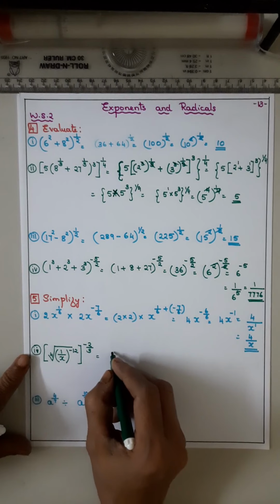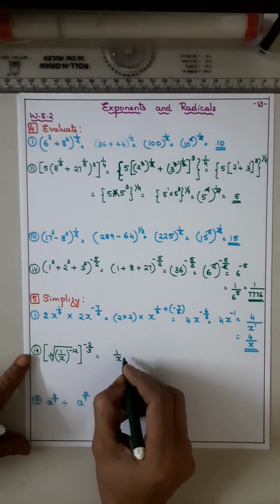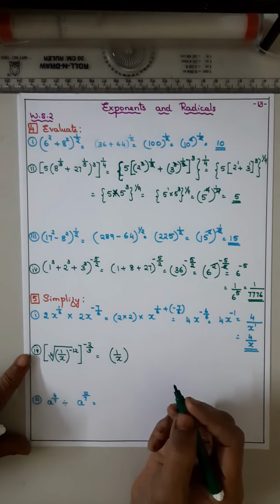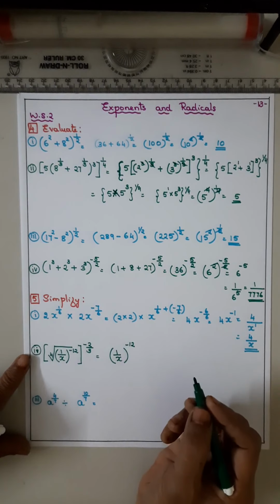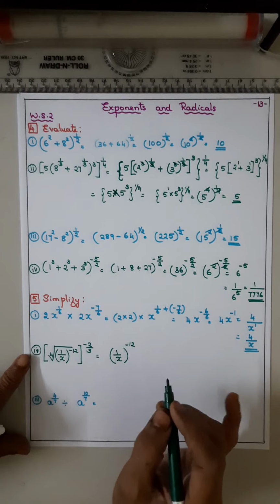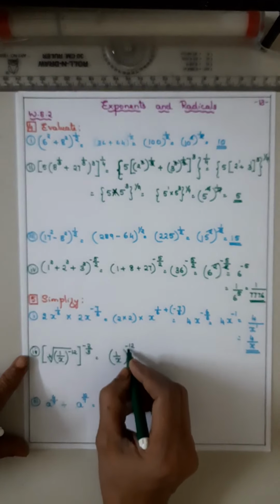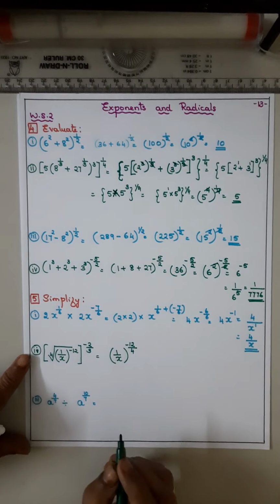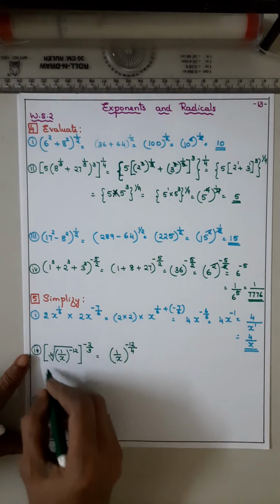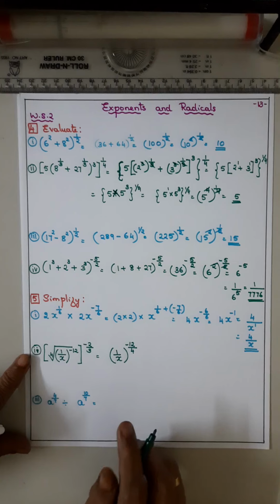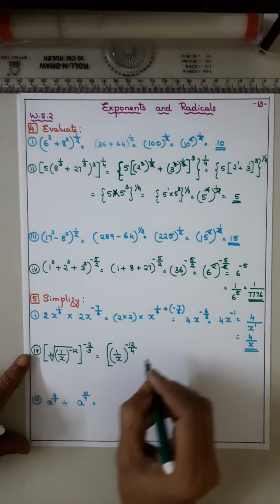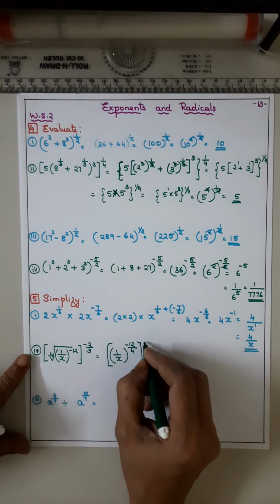So it is a 1 by x the whole power, minus 12. So the denominator is 4. Fourth root of 1 by x to the power minus 12 can be written as like this, and then the square bracket minus 2 by 3.